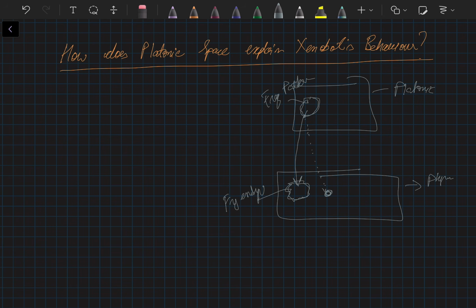So now there exists some different kind of behavioral propensities or a different kind of pattern within the Platonic space. This is how a xenobot behaves. So this pattern defines the xenobot's behavior.